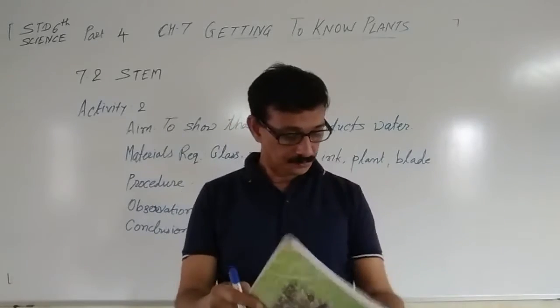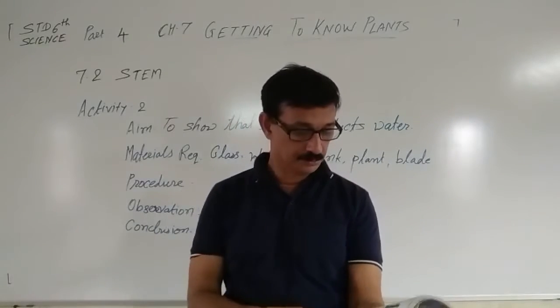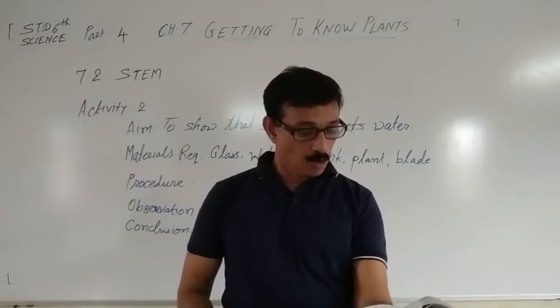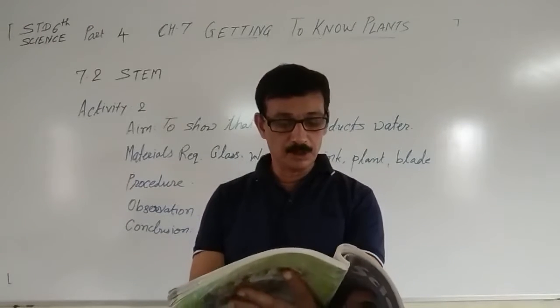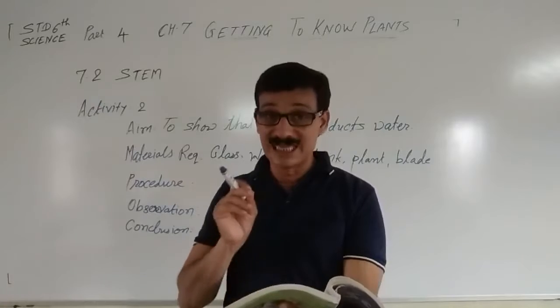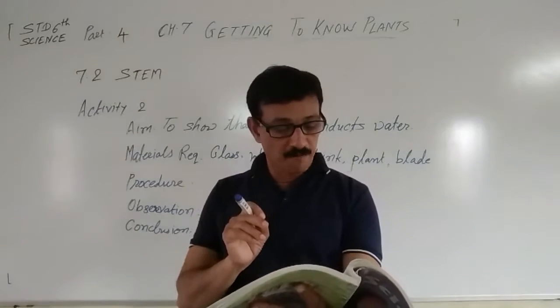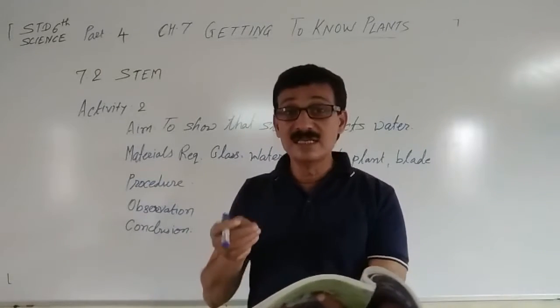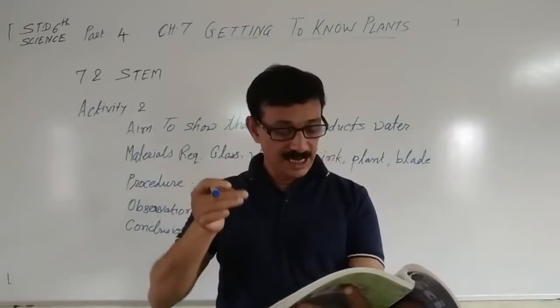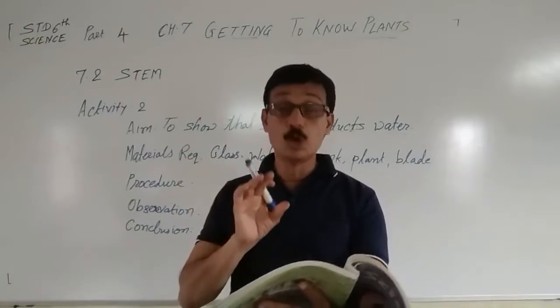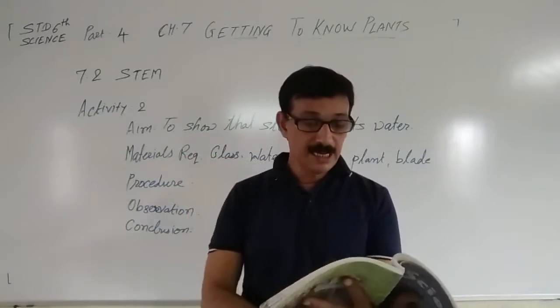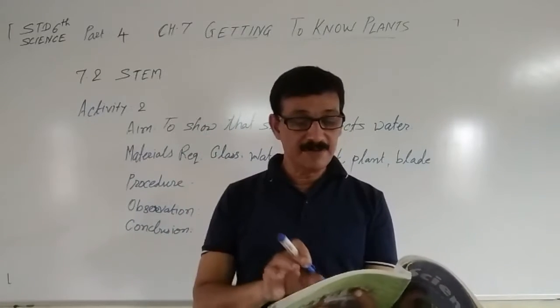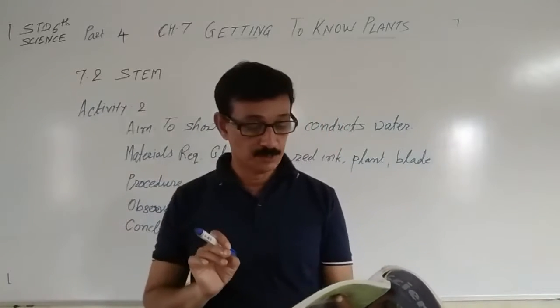Then observe the setup. Does the color appear in the stem? You will find that the color rises in the stem. If this is kept for a long period, the color appears in the veins of leaves also.